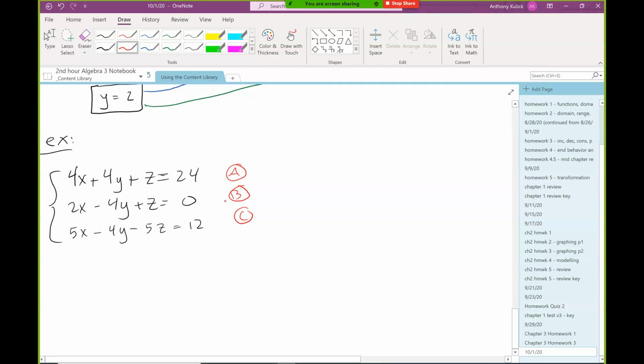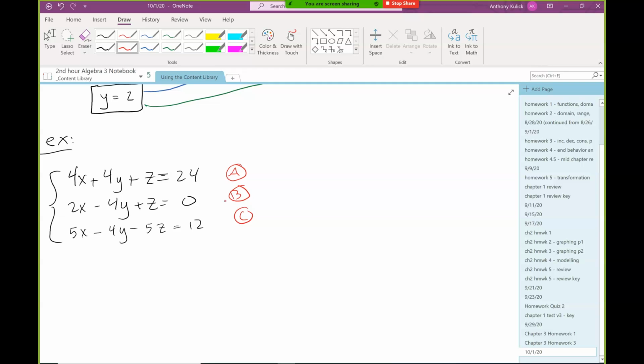Okay, so let's talk about the idea here and how this elimination is going to work. I'm going to choose one variable to eliminate. To do that, I'm going to take one pair of my equations, add them together in such a way that that variable eliminates. Then I'll choose a different pair of equations, add those together in such a way that that same variable eliminates.